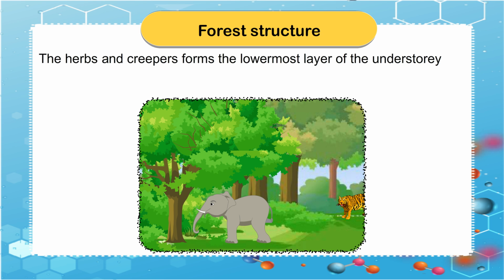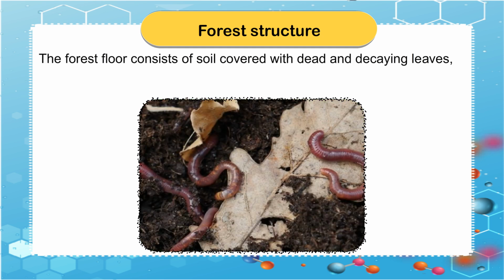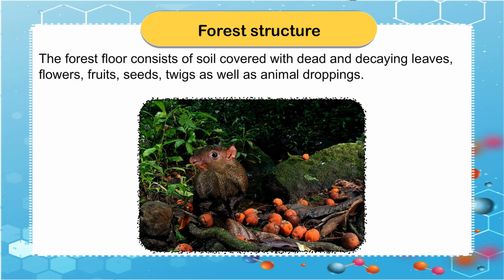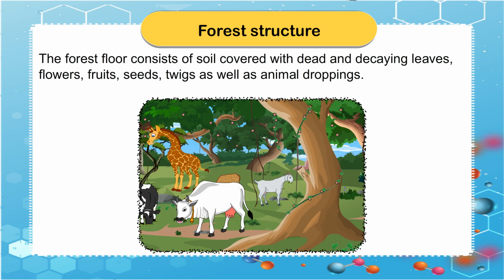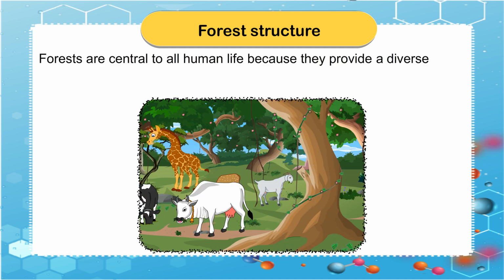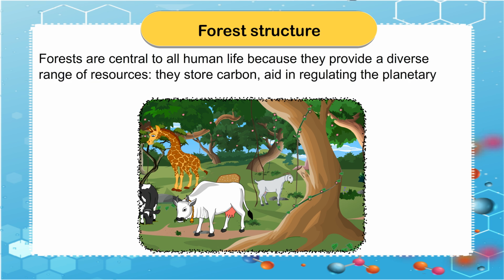The herbs and creepers form the lowermost layer of the understory called forest floor. The forest floor consists of soil covered with dead and decaying leaves, flowers, fruits, seeds, twigs as well as animal droppings.